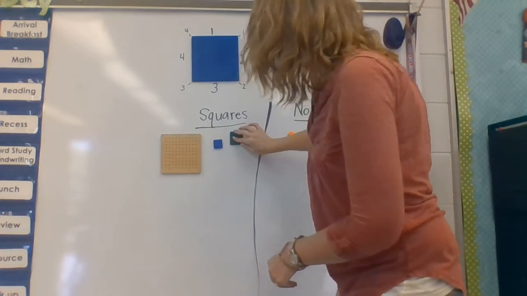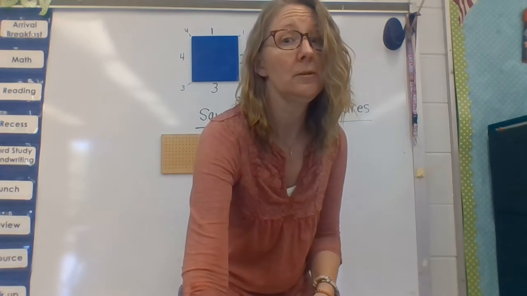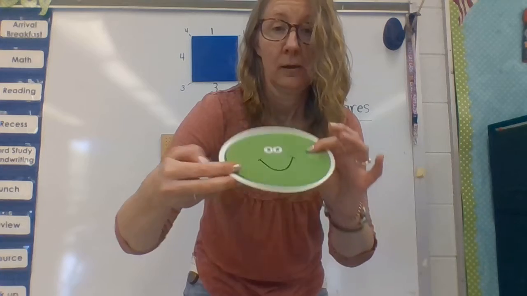What about this button? Yes, it's a square. It has 4 sides that are all the same length and 4 corners. Awesome. I'm going to put it right there under squares. Okay, this one might be a little tricky. What is this guy?